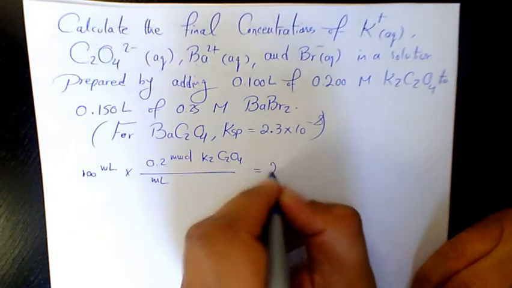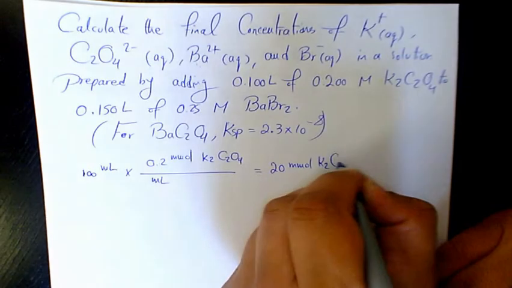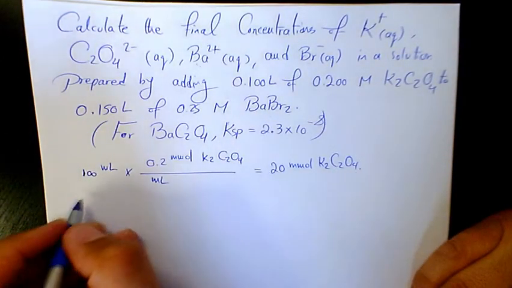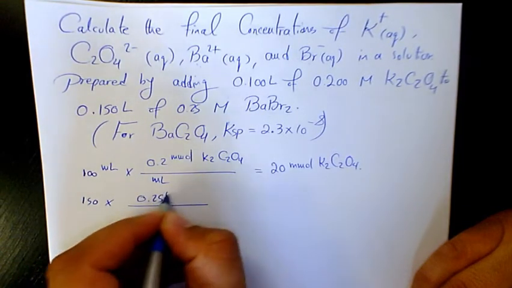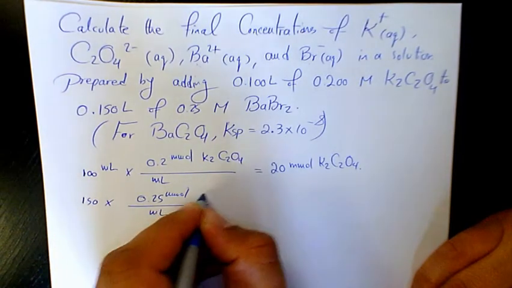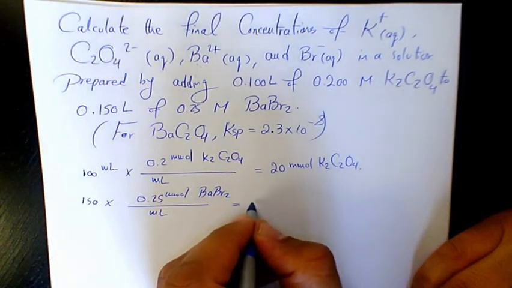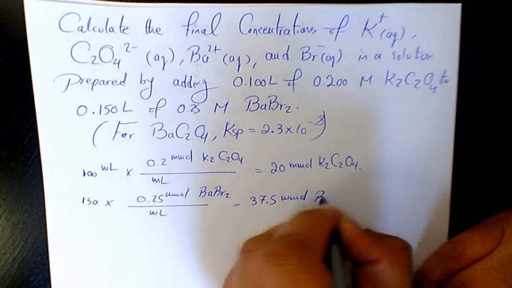That's going to give me 20 millimole of potassium oxalate. On the other hand, we have barium bromide, 150 milliliter times 0.25 millimole per milliliter of barium bromide. That's going to give me 37.5 millimole of barium bromide.